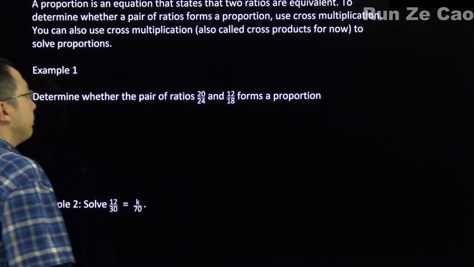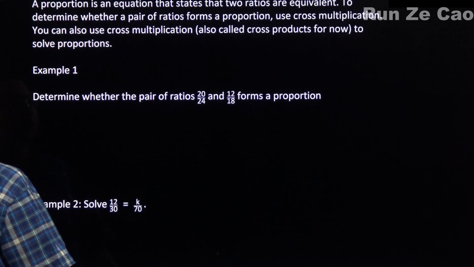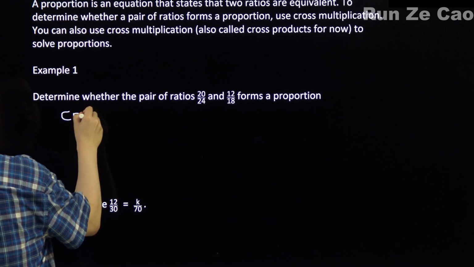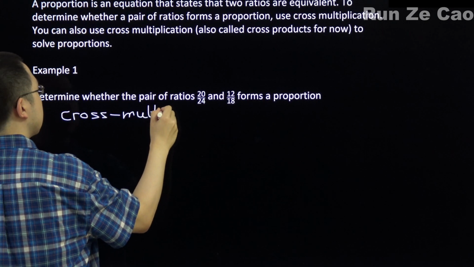So determine whether the pair of ratios 20/24 and 12/18 forms a proportion. Well, cross multiply.